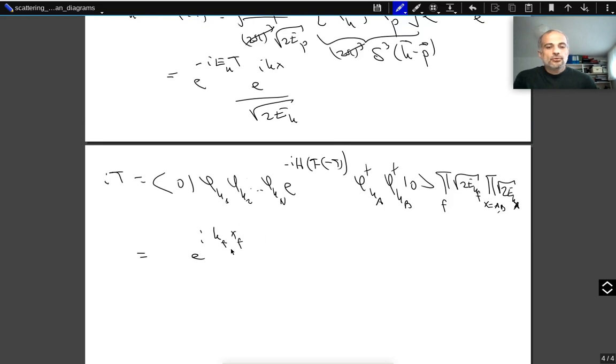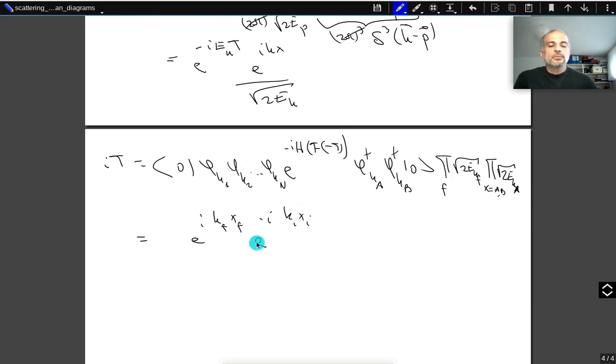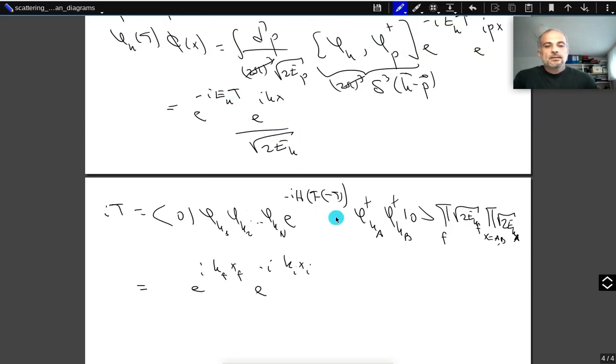And then we have e to the power minus i k_i x_i, these k_i's corresponding to the ingoing particles. So for each ingoing particle we have e to the power minus i k_i x_i, and for the outgoing particle we have e to the power i k_f x_f.